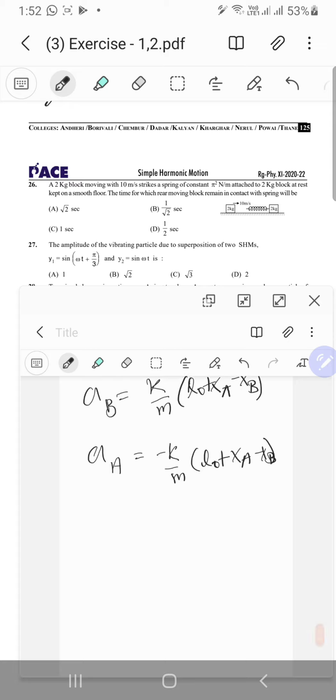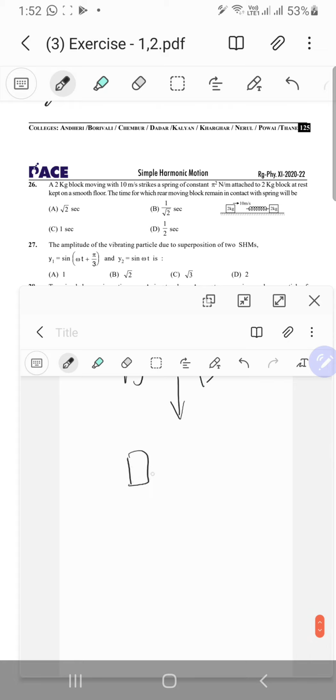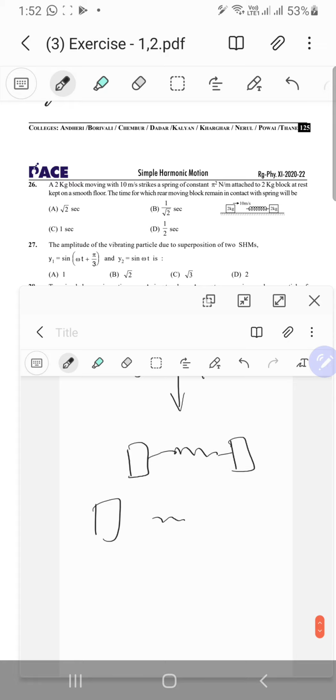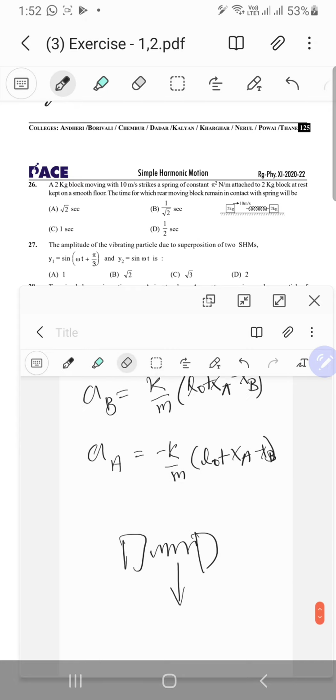First of all, it will compress, and then at some point it will once again come back to its natural length, and then it's gonna leave. Wait, we want the time. Well, the time is really not that easy to find. We will need to do all the stuff correctly.